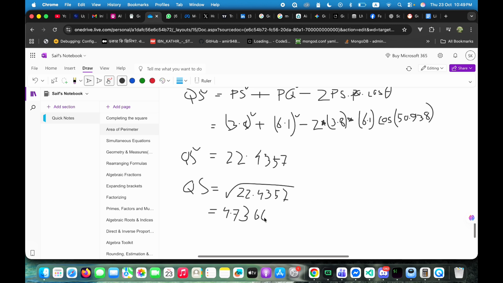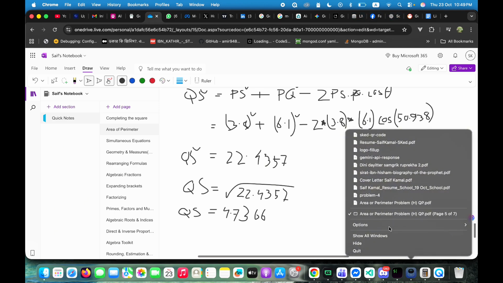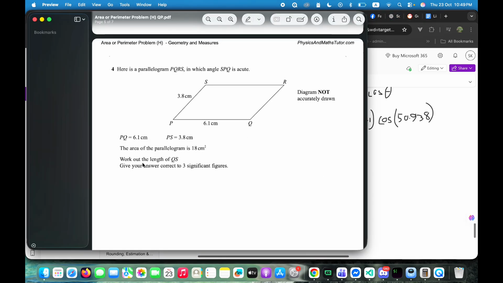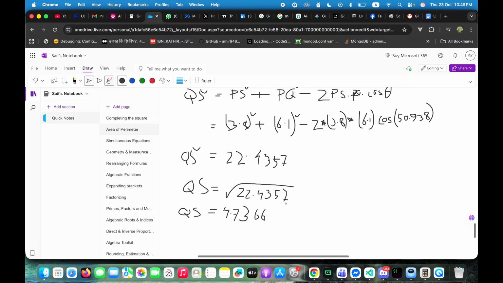So this is the value of QS, which is what was required in the question. As you can see, the question says to give an answer correct to 3 significant figures. So we can just remove the 6 part, and 4.73 is the value that we are looking for.